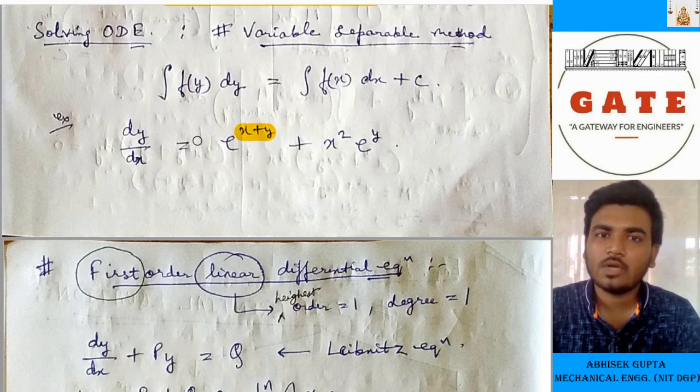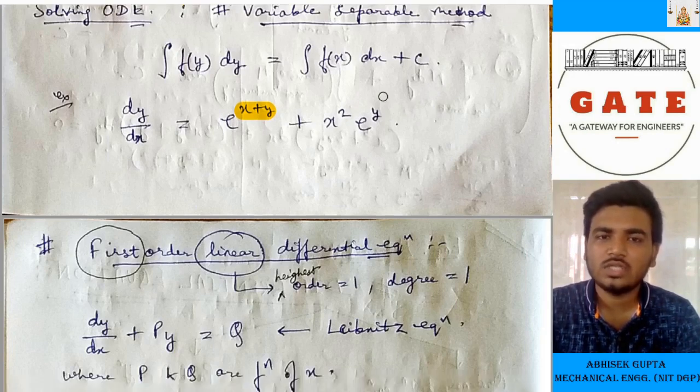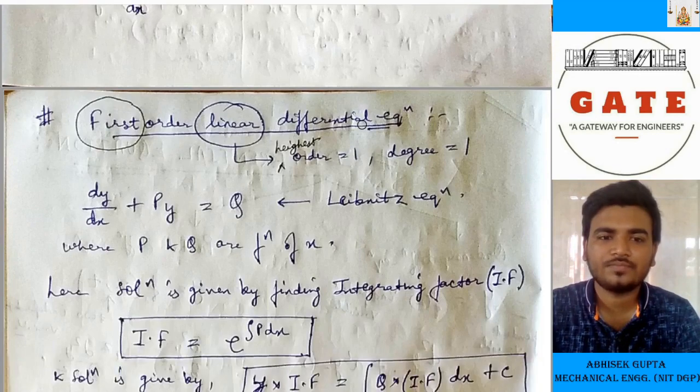Then taking e power y as common, you can write e power y into (e power x plus x square). Here e power x plus x square is a function of x and e power y is a function of y. So dy upon e power y equal to dx into (e power x plus x square). Now you can integrate both sides. This way you can separate the variables.